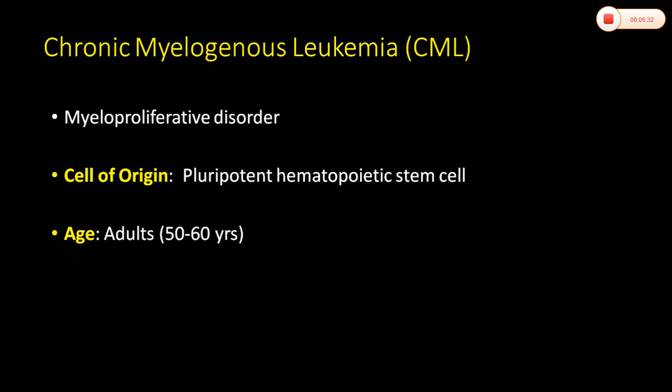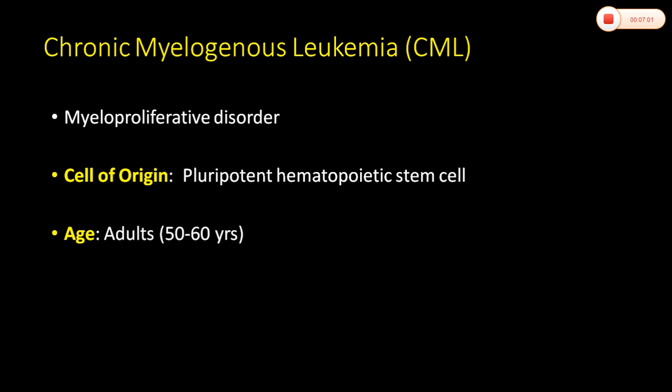As we already discussed, this is a myeloproliferative disorder. So the cell of origin for CML is pluripotent hematopoietic stem cell. I want you to remember this particular point very keenly. Please do remember the cell of origin for chronic myelogenous leukemia is pluripotent hematopoietic stem cell. The pluripotent hematopoietic stem cell, if you remember, is sitting on the top of the hierarchy.